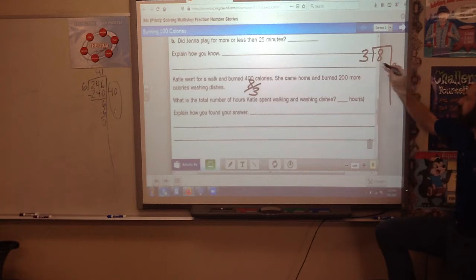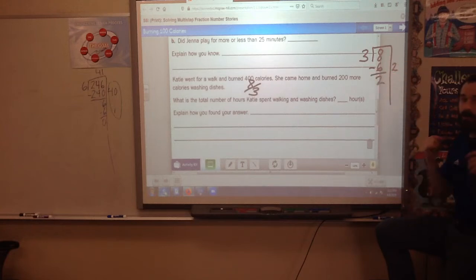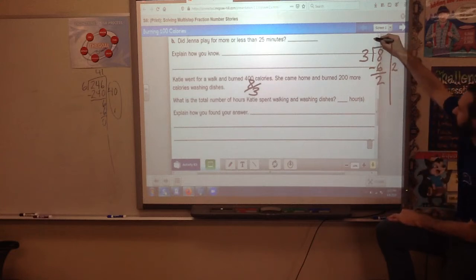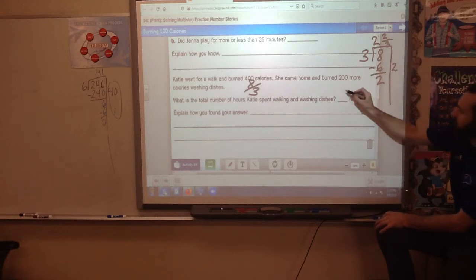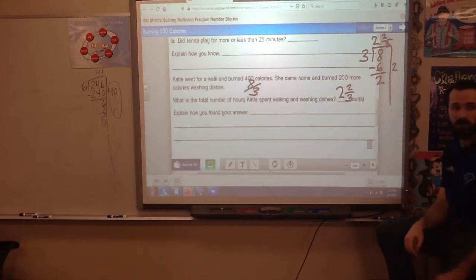That's 2. 3 times 2 is 6, and subtract. 8 minus 6 is 2. Now, when we're presenting our answer as a mixed number, this is your whole number, the 2 on the side. That's your quotient. Then you have your numerator is a 2 and your denominator is a 3. So they went for 2 2/3 hours.